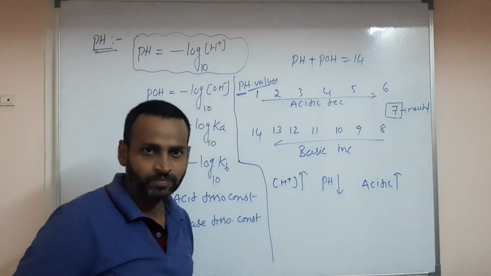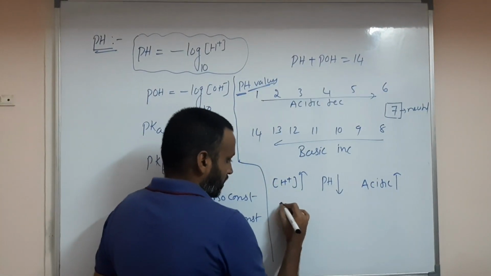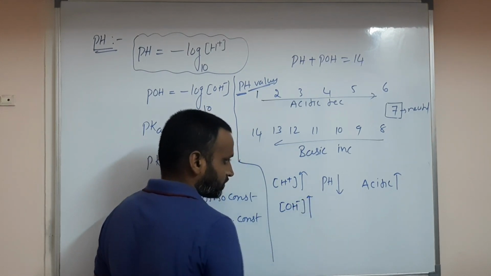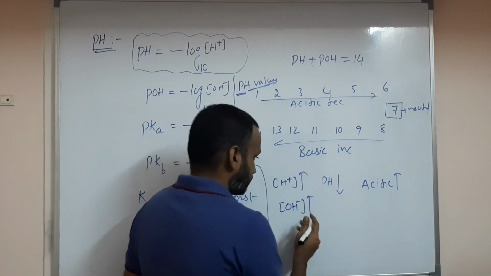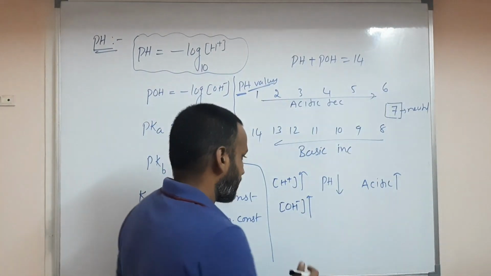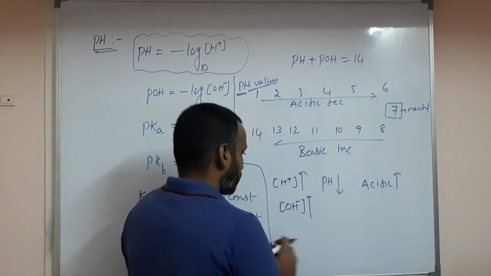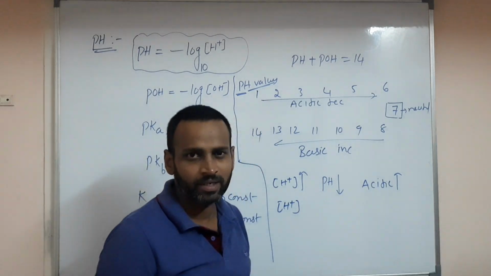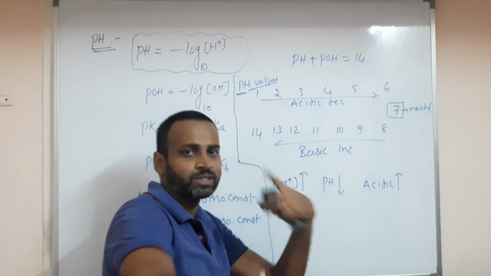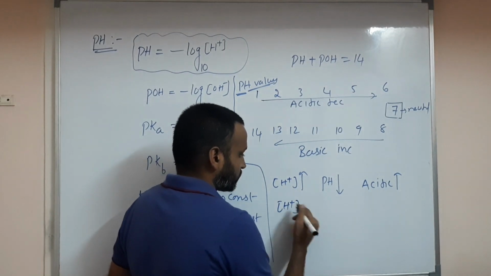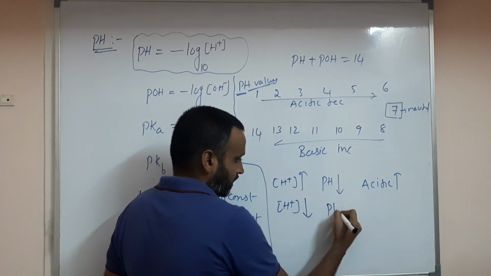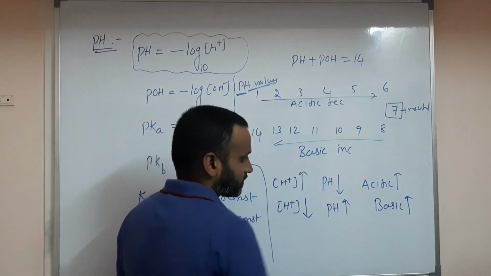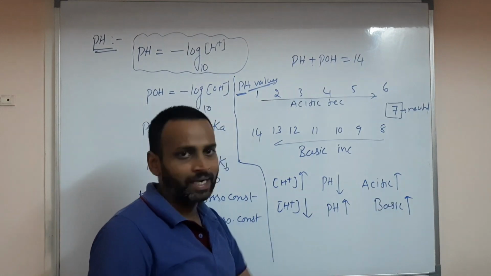Similarly, if the concentration of OH minus increases, then H plus decreases; both are the same. It's better to go with respect to H plus, because having both H plus and OH minus may confuse you. If H plus concentration is less, then pH is increasing. pH increasing means basic character increases.